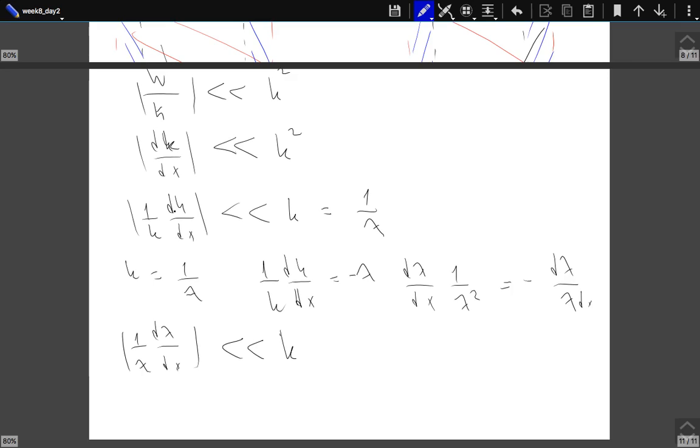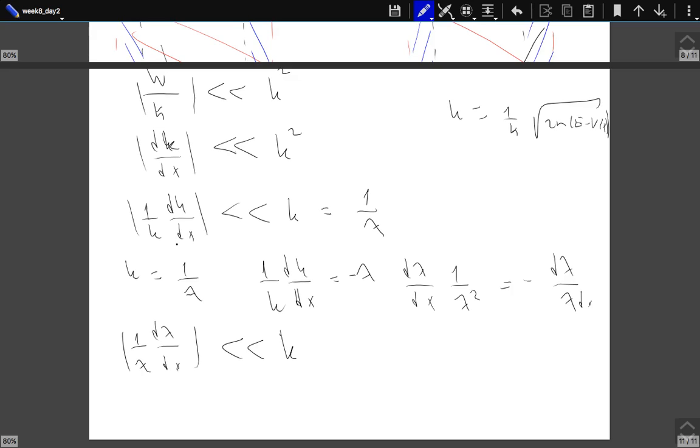Now what is k? k was 1 over h bar square root of 2m (E minus V of x). Now dk over dx is basically how fast k is changing, but that is also a measure of how fast V is changing.